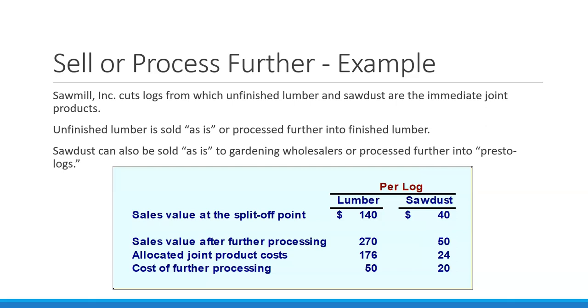Sawdust can be sold as is to garden wholesalers or processed further into Presto logs. So we have lumber and sawdust. We have the sales value at the split off point and the sales value after further processing. We have the cost of further processing and allocated joint product costs.